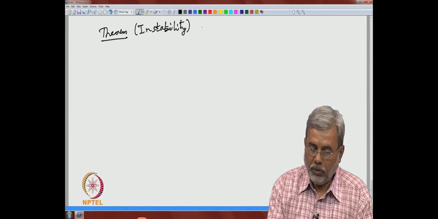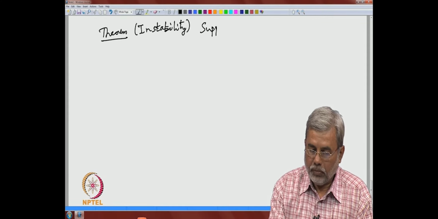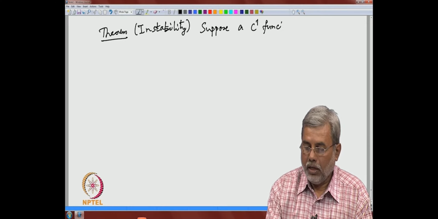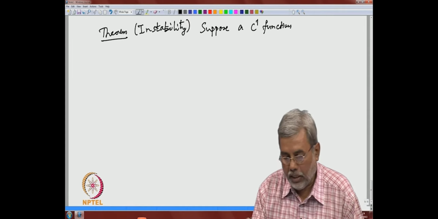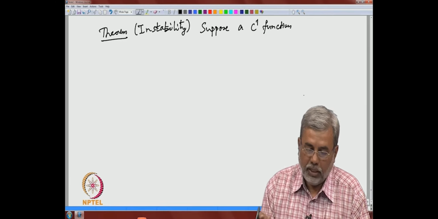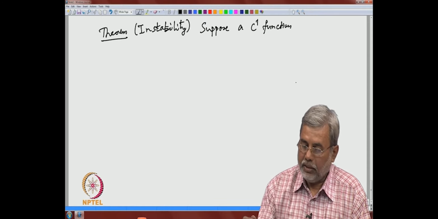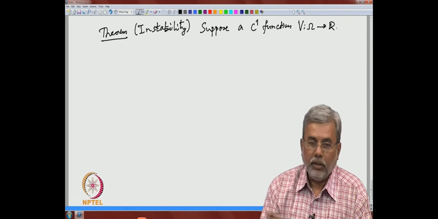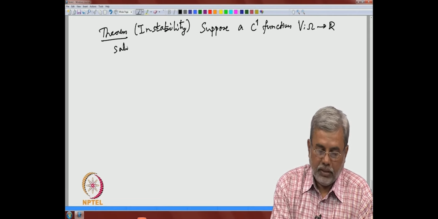Suppose a C1 function, this is a Lyapunov function, if you want to call it, for the instability case. A C1 function v from omega to R satisfies the following.